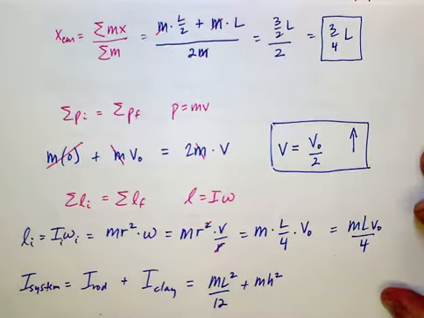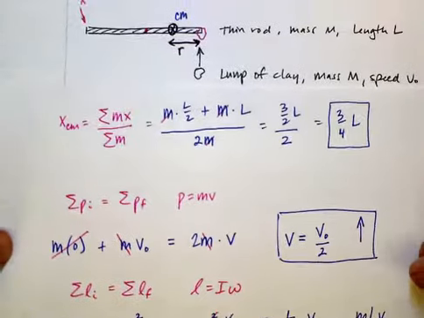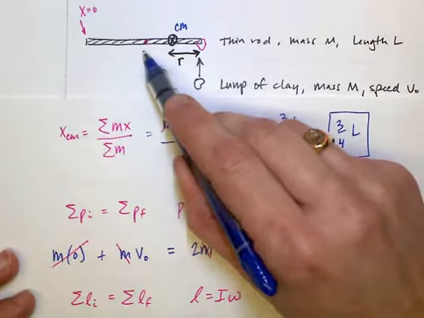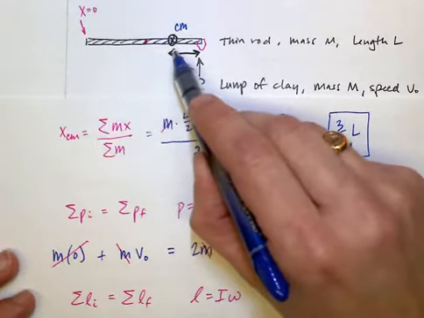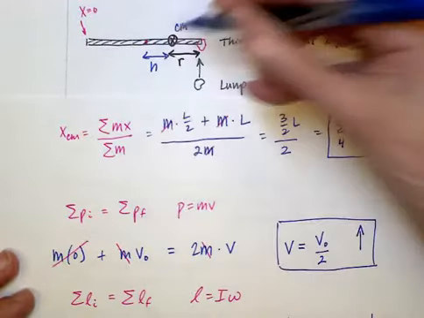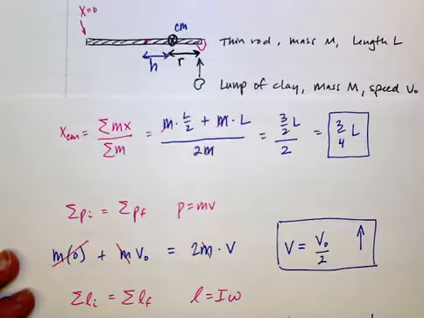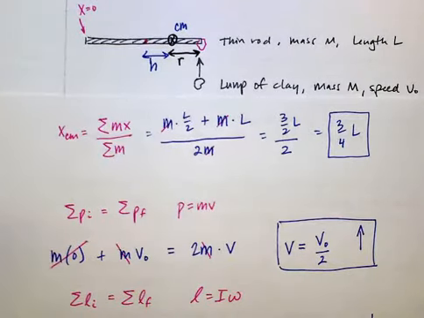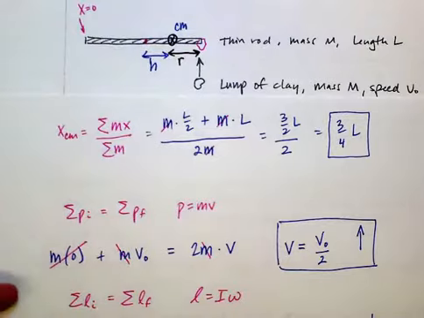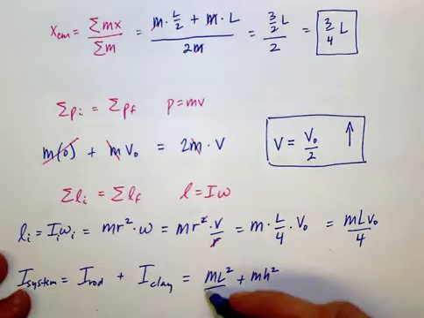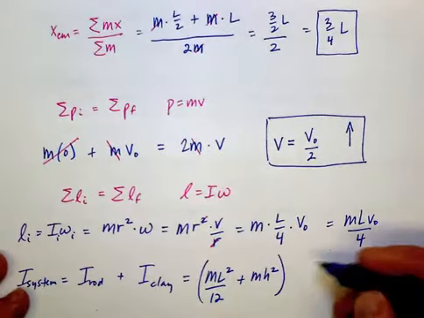It's pivoting around the center of mass of the system. Okay, and so looking back at our picture here, here is the center of mass of the rod, here's the center of mass of the whole system, and so this will be our shift h. And you can see again that that is L over 4, 1/4 the length of the stick. So coming back down to our work, that would be the rod, and then we also have the clay.